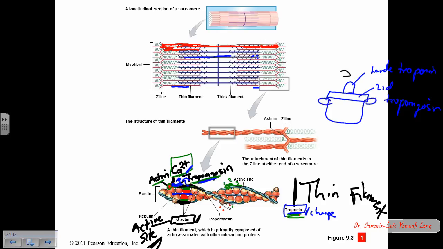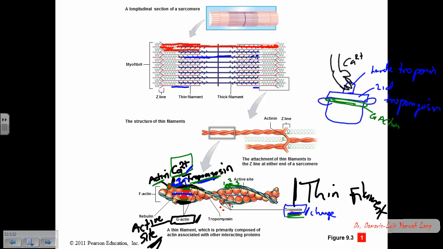And then these are my hands. Yes, that's calcium. And let me use this color. So this space here will be the active site of the G-actin.